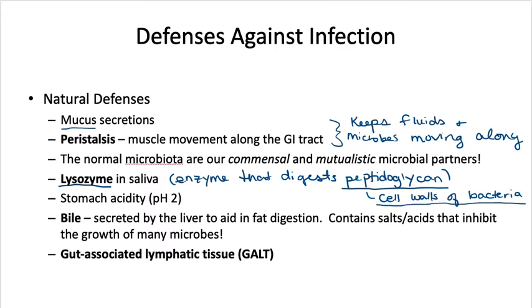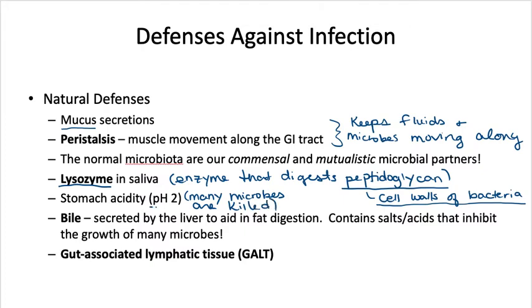Okay. The stomach has a very highly acidic pH, so many microorganisms cannot pass through the stomach. So the stomach isn't sterile, but many of the microbes are killed as they pass through it.